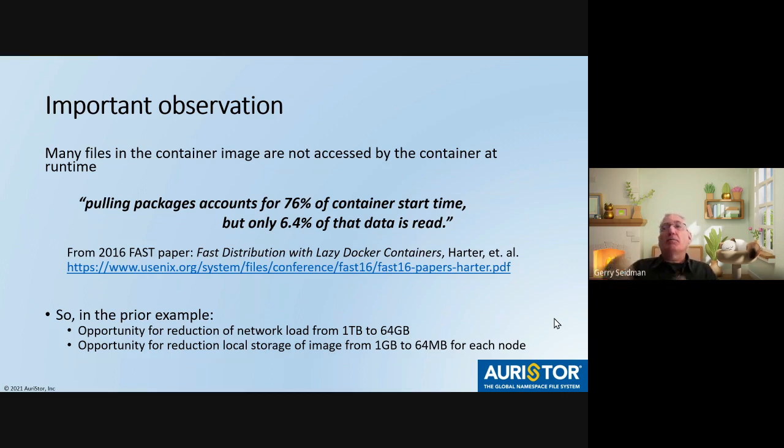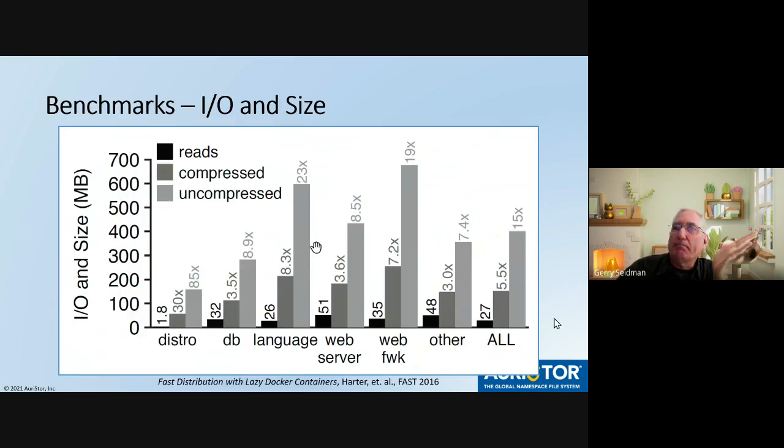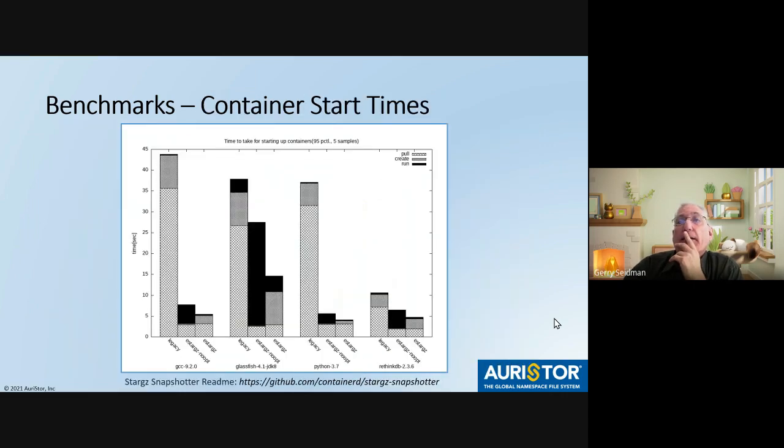Their whole paper is about creating indices and creating these non-standard container images. Still, with their non-standard implementation they're getting pretty impressive compression and pretty significant start time improvement, again because it's only pulling down the files that are actually used at runtime.